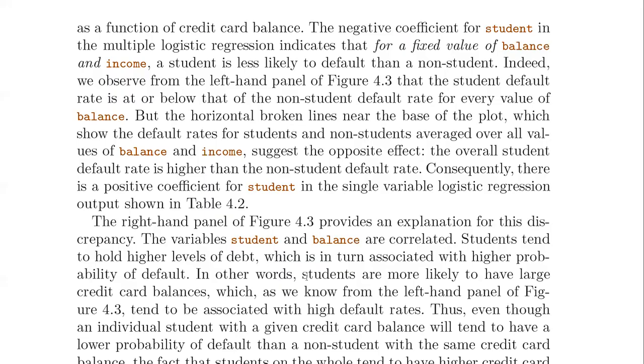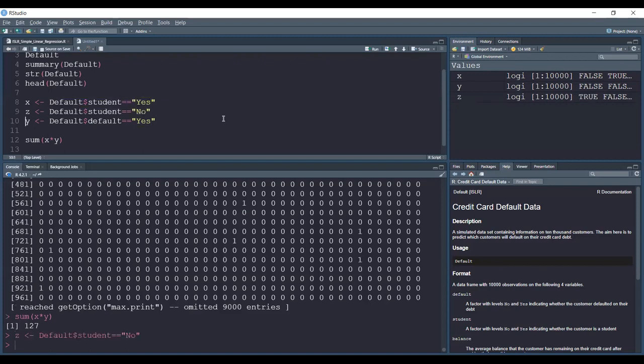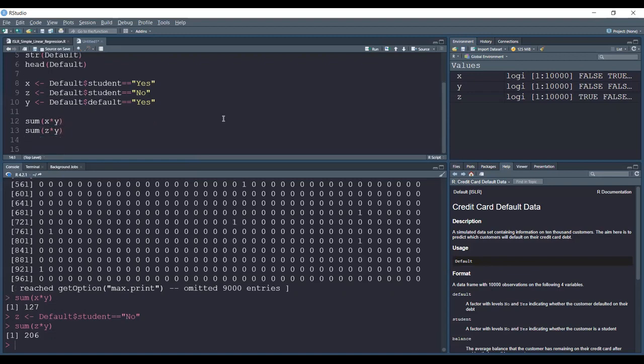We could also look at what if we do Z, and we say no, and we say sum of Z times Y. These are the non-students. So the non-students did default more than the students.